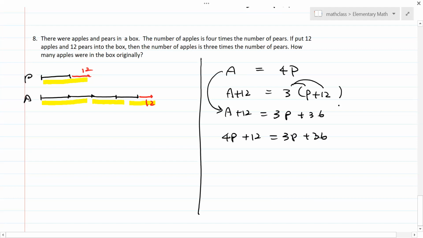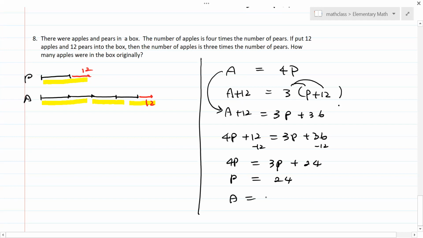Okay. All right, so let's simplify it. With both sides minus 12. So 4P equals 3P plus 24. Then you remove, subtract 3P, right? So only 1P is left. So P is 24. Okay.